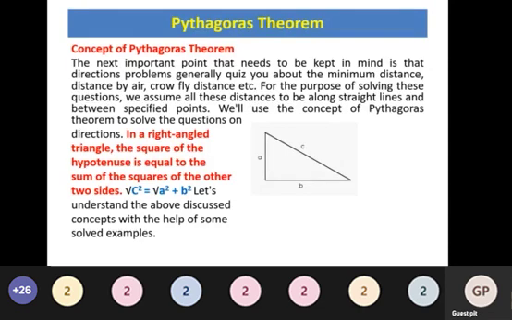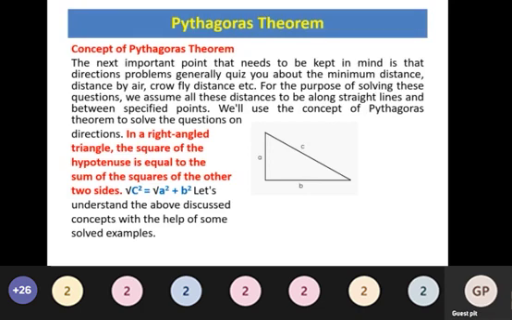The next important point that needs to be kept in mind is that direction problems generally quiz you about the minimum distance, distance by air, crow flight distance, etc. For the purpose of solving these questions, we assume all these distances to be along straight lines and between specified points.